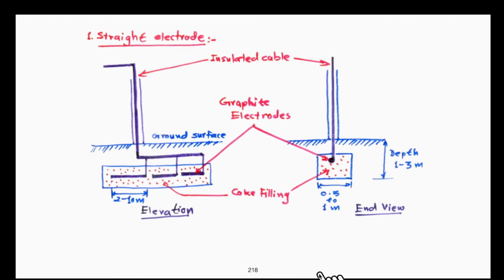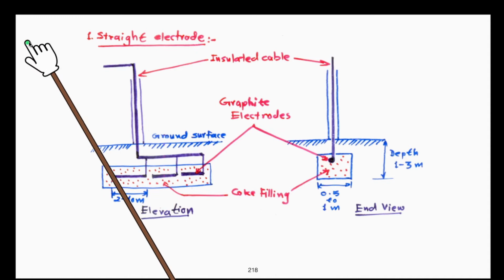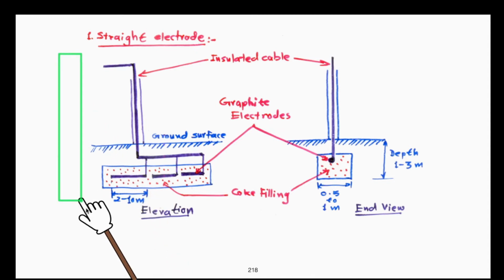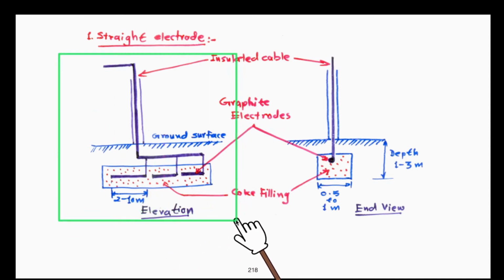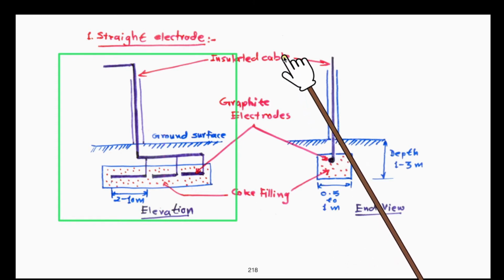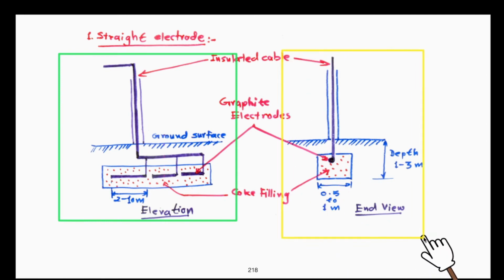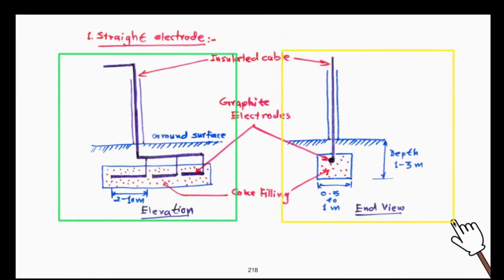So this is a straight electrode. In this particular diagram, there are two diagrams visible on the slide. First one is on the left hand side, right? This represents the elevation, and the second diagram on the right hand side represents the end view.